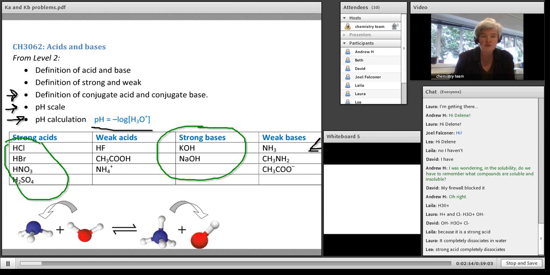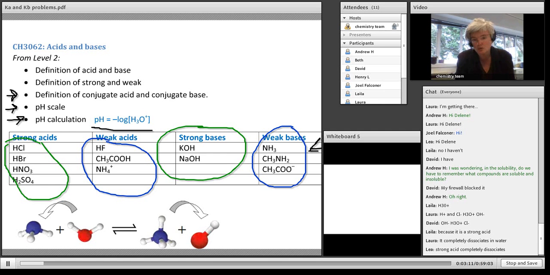And then as far as the weak substances go, they expect you to know that HF, ethanoic acid, and the ammonium ion are weak acids, and for weak bases, the ammonia molecule, methylamine or aminomethane, and the ethanoate ion are weak bases. So that is expected that you know that.